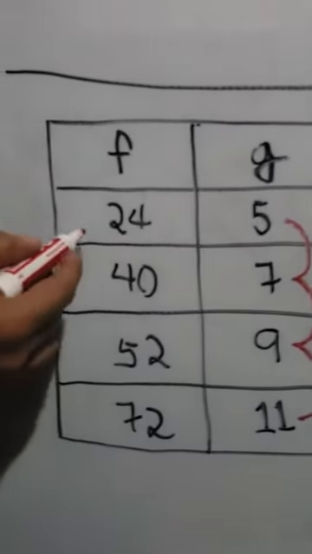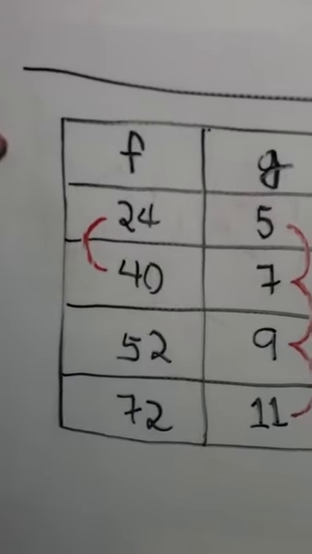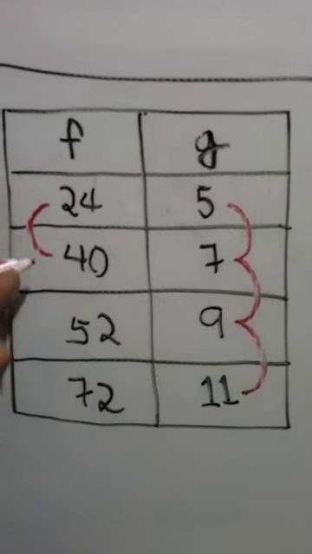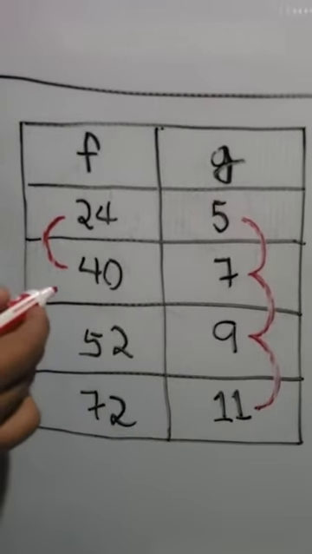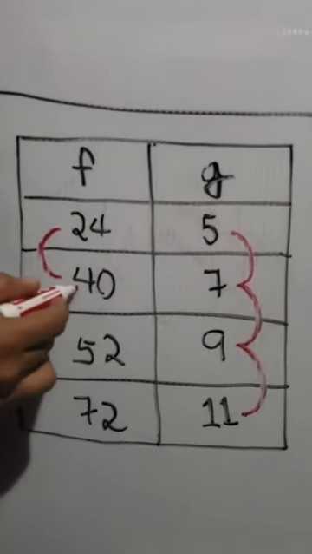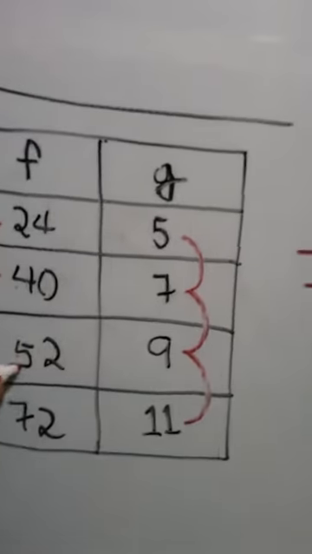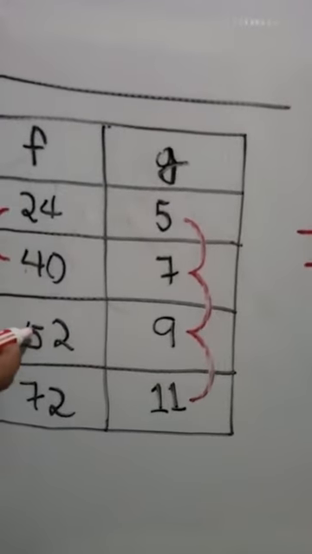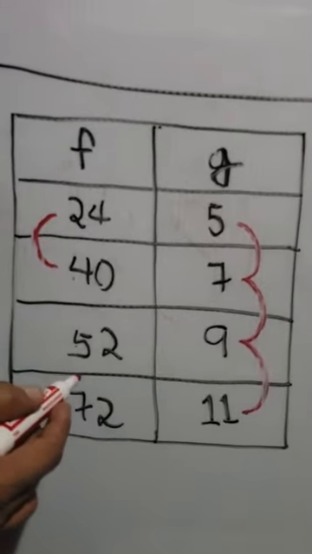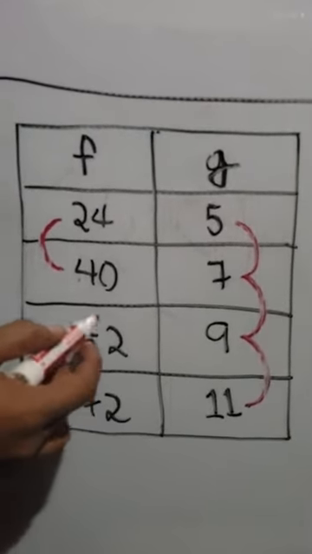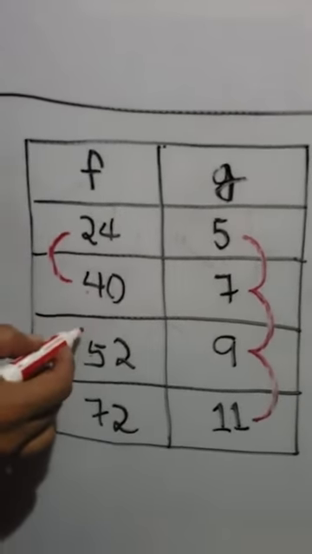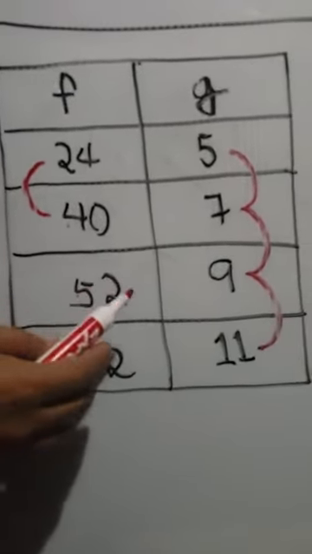Now let's see these numbers. From 24 to 40, 16. Yeah, that would be 16. And from 40 to 52, that would be 18. Or another 16. We have a mistake here. It's 24 and then plus 16, this is 46.